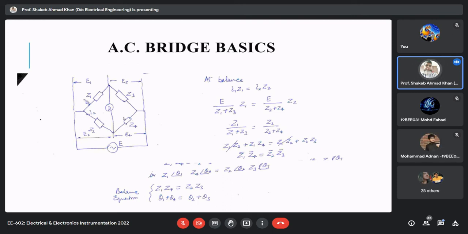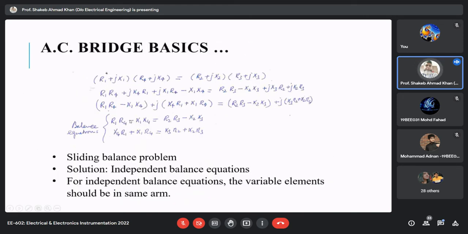Suppose we are having x3 variable and r4 variable. x3 is available in this balance equation as well as in this balance equation. Now r4 is also available in both balance equations. Such balance equations are called dependent equations, where one variable component or both variable components are present in both equations.